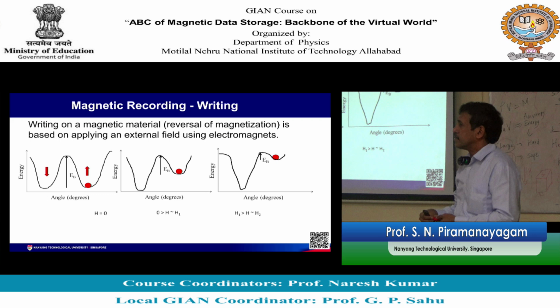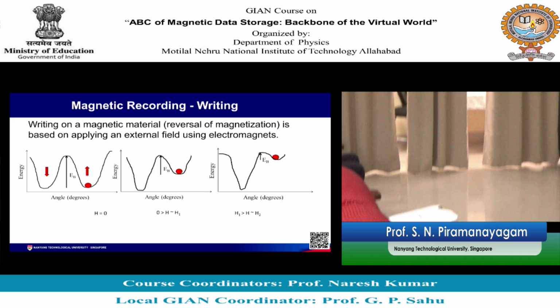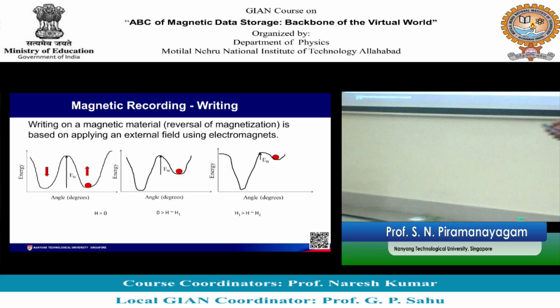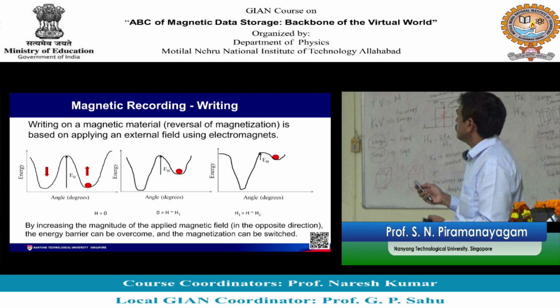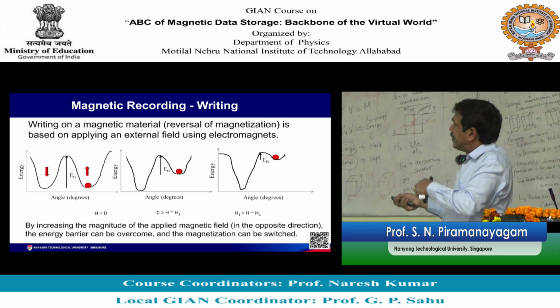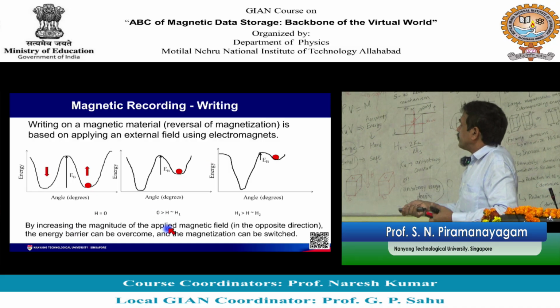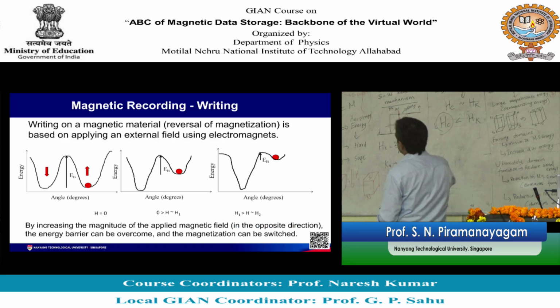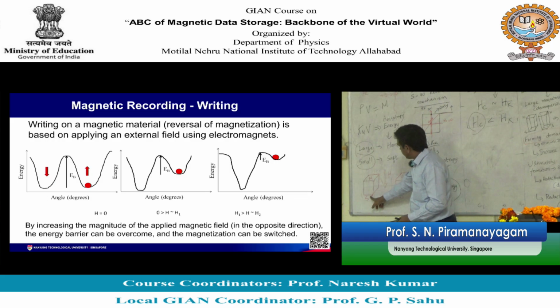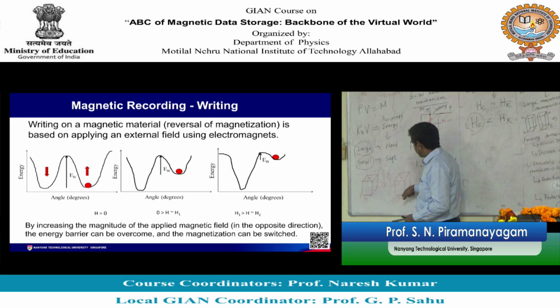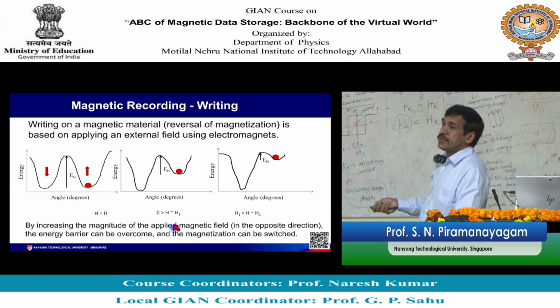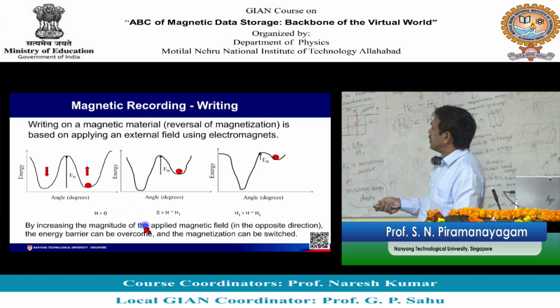This is a schematic. So, by increasing the magnitude of the applied magnetic field in the opposite direction. For example, if north is up and south is down and you want to make north point down, then you have to apply a magnetic field in the opposite direction, and it has to be sufficiently large to overcome the energy barrier.